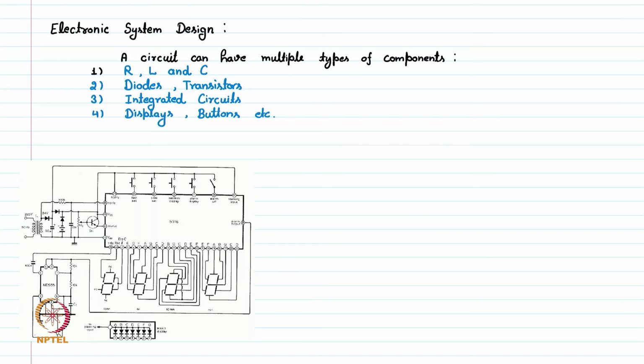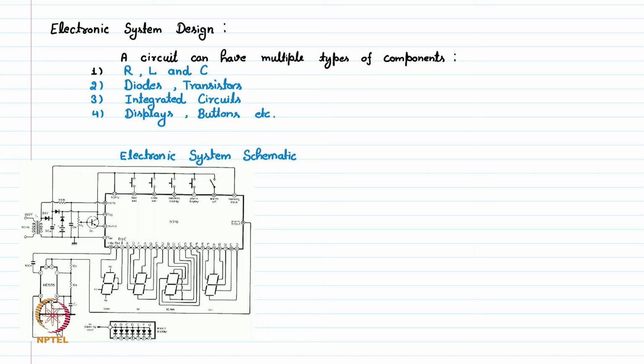On the left we have a complete system. It can be any electronic system. This electronic system is a schematic which we actually make in CAD software.